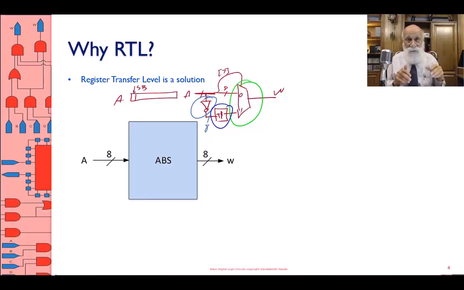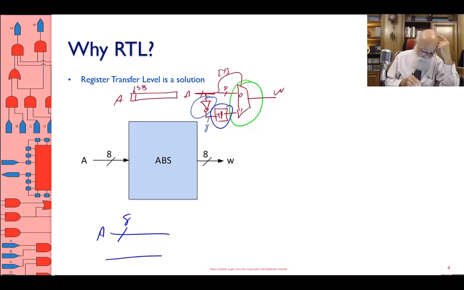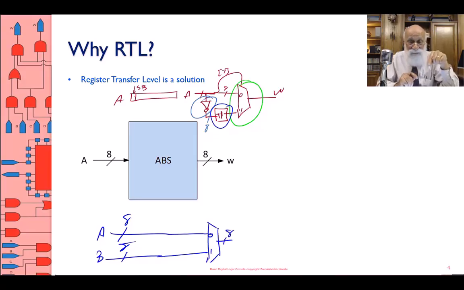Another example, maybe you want to design a circuit that would take the maximum of A and B and put it on the output. Again, I don't want to deal with gates. I want to deal with upper level components. I say, this is A, this is B, and then I need a multiplexer. 0, 1. That's an 8-bit or octal 2 to 1 multiplexer.